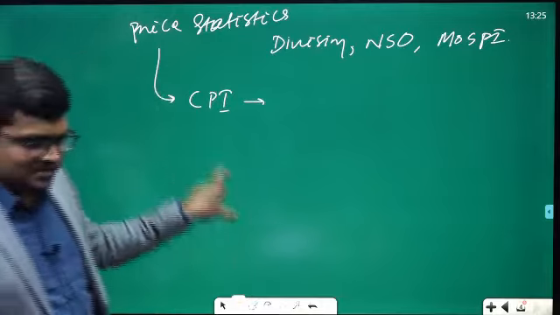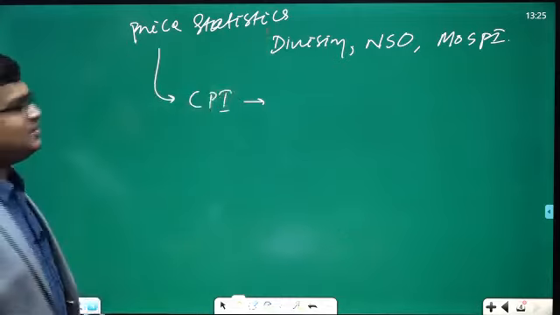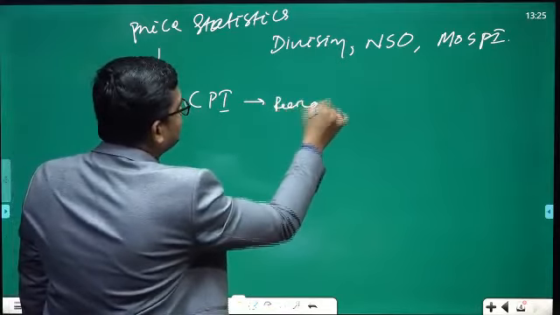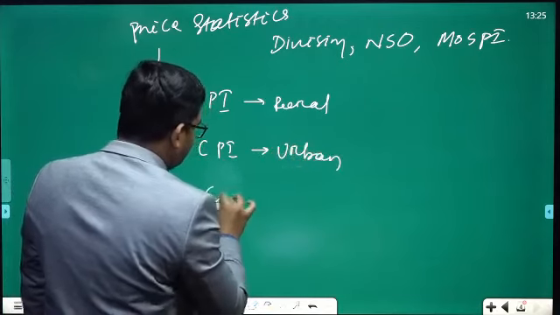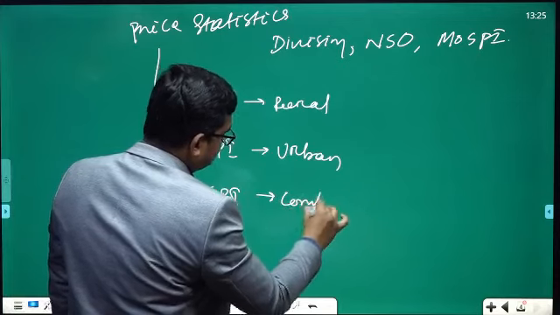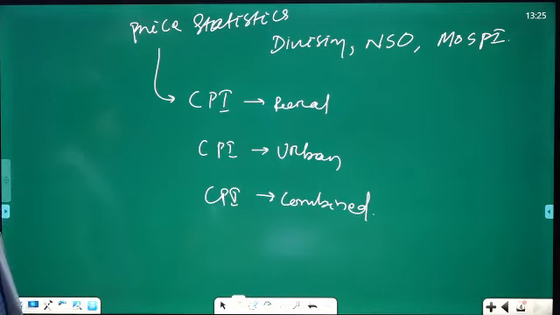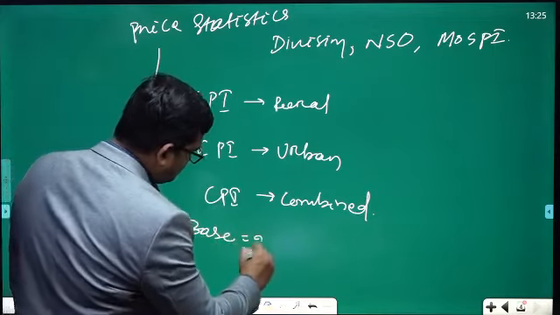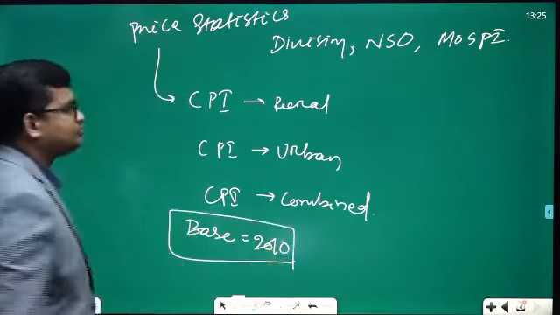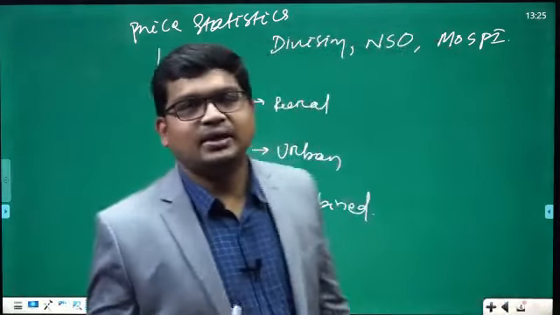There are various measures under the CPI, but this particular organization compiles CPI rural, CPI urban and CPI combined, and the base year for this CPI rural, urban and combined is 2010.